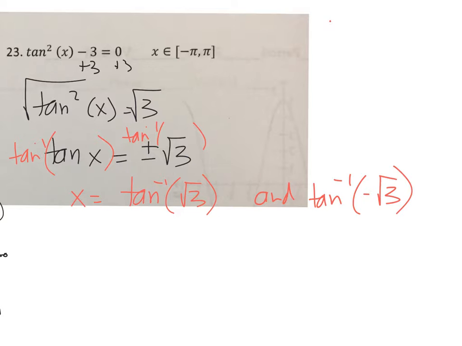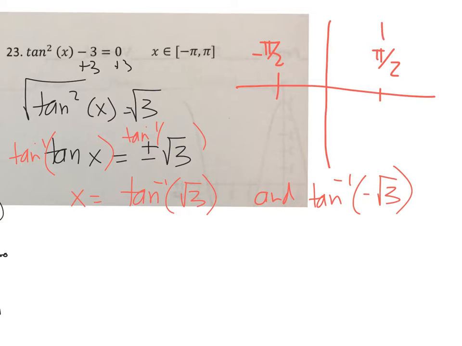Okay, so let's do a quick little sketch here of tan. Tangent has asymptotes at the pi over 2's, where cosine is 0. So tan looks like this. There's tan. In addition, here's negative pi over here.